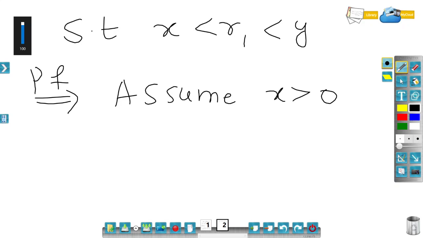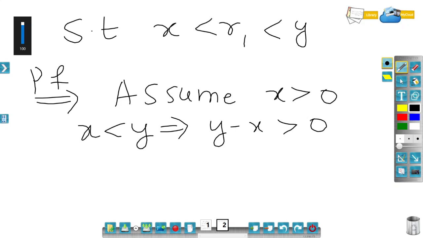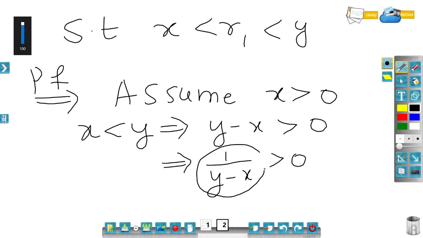Since it is given that x is less than y, this would imply y minus x is greater than 0. If y minus x is greater than 0, this would imply 1 upon y minus x is still greater than 0, and this 1 upon y minus x belongs to real numbers. So we will apply an Archimedean property on 1 upon y minus x.